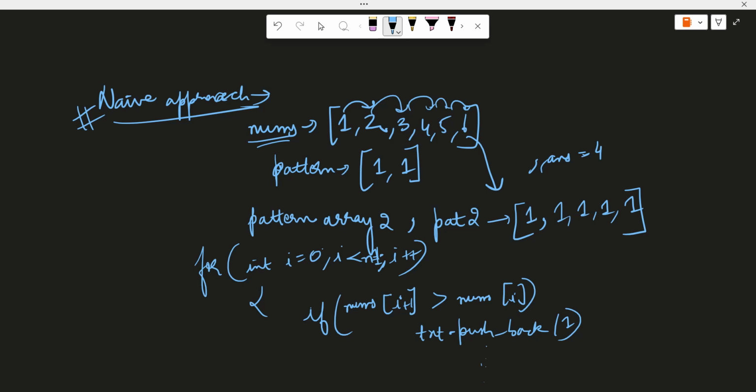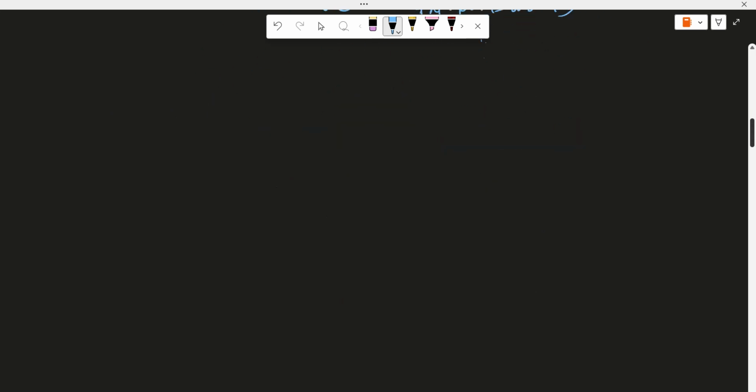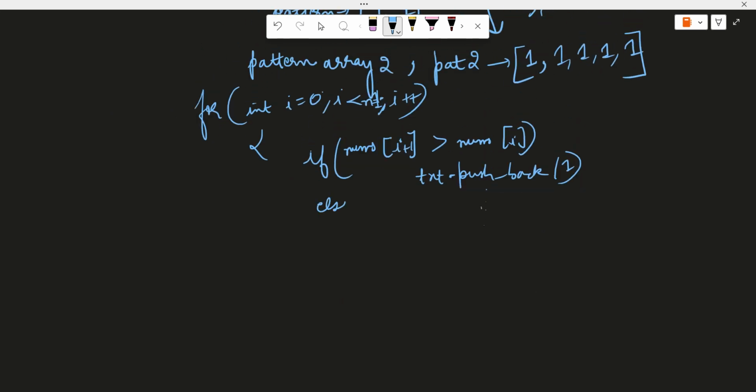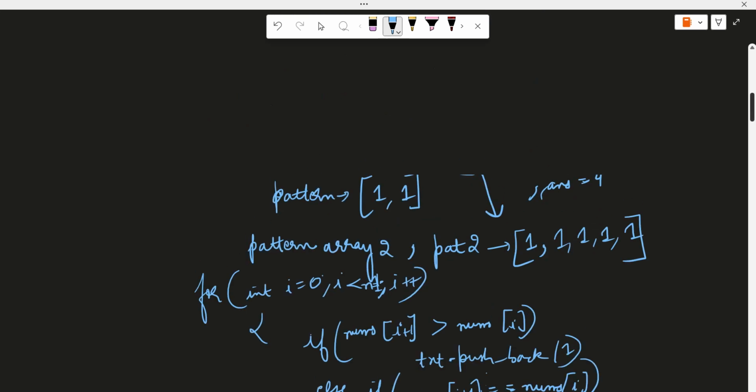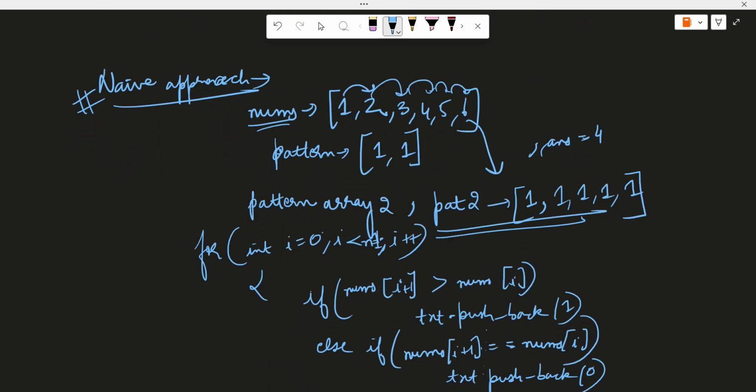Similarly for the others. Else if these two elements are equal, then we'll be inserting 0, and for the last case we'll be inserting minus 1. So we have constructed this other pattern array.